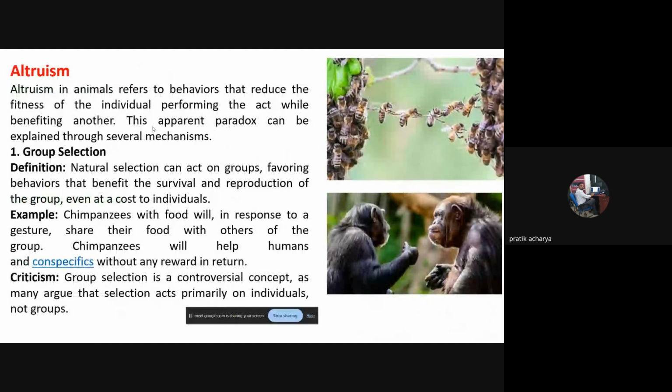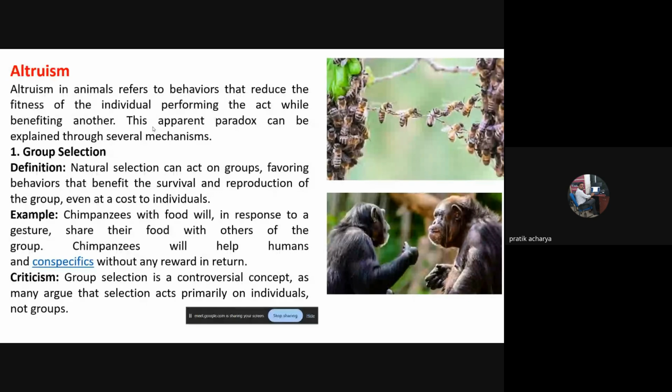Okay, so now the next part of this chapter we'll discuss is called altruism. Altruism is a very essential, very important part of animal behavior. It refers to behavior that reduces the fitness of the individual performing the act while benefiting others.